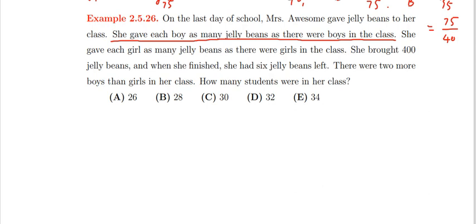If the class has 3 boys, then she gives each boy 3 jelly beans. So if the class has b boys, then each one gets b. The total given to boys is b times b, which is b squared.